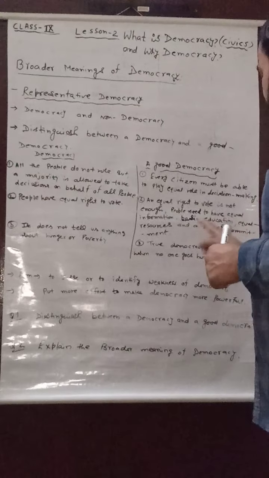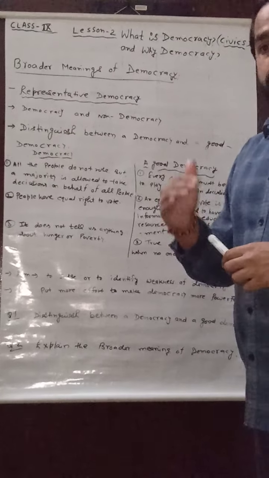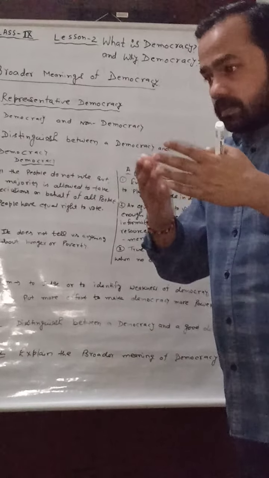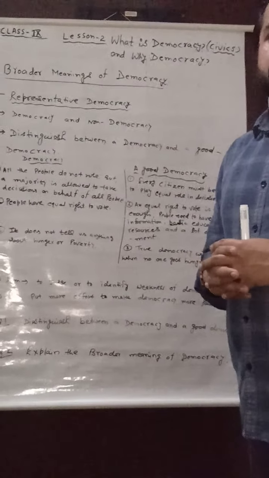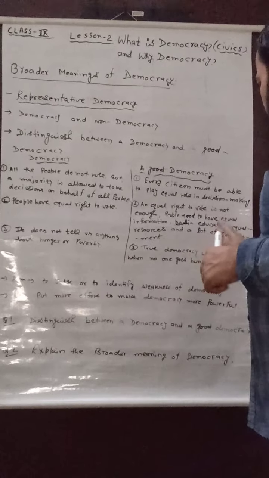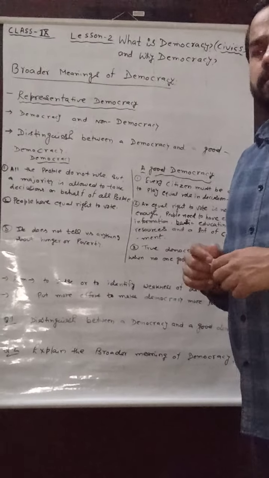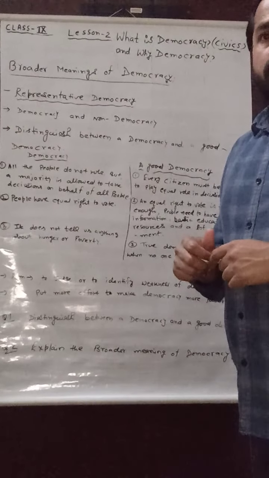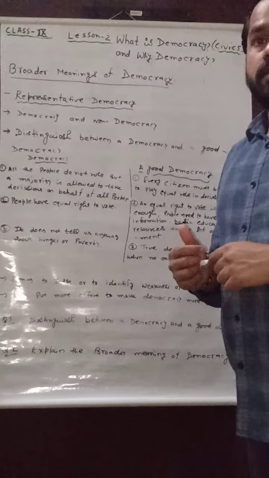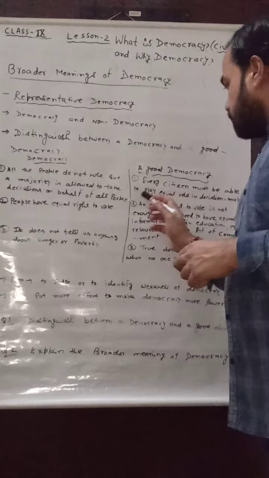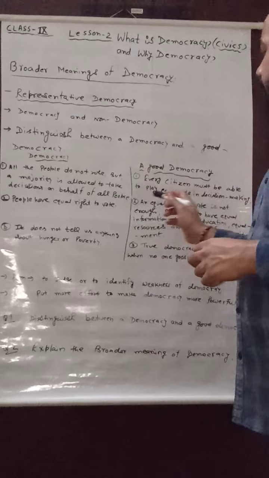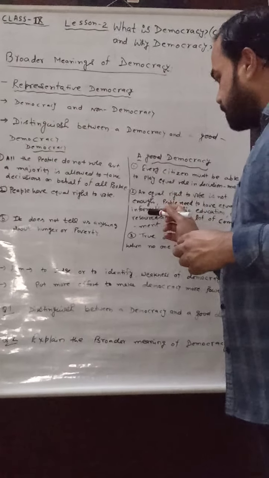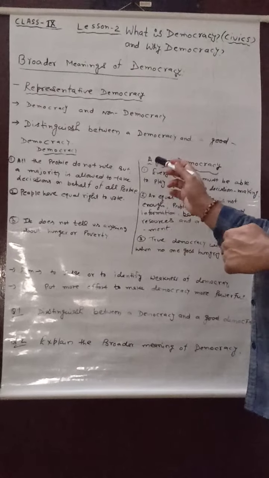And after then, equal resources: whatever resources are in a country should be distributed equally among all the citizens, and a lot of commitment, a lot of promises are also related with the citizens. And when all these things are there, that democracy will be observed as a good democracy.